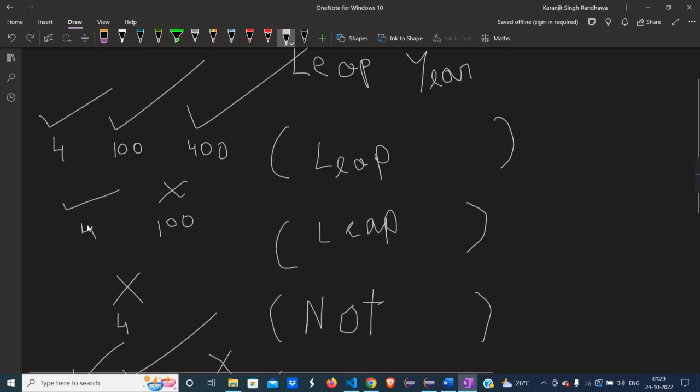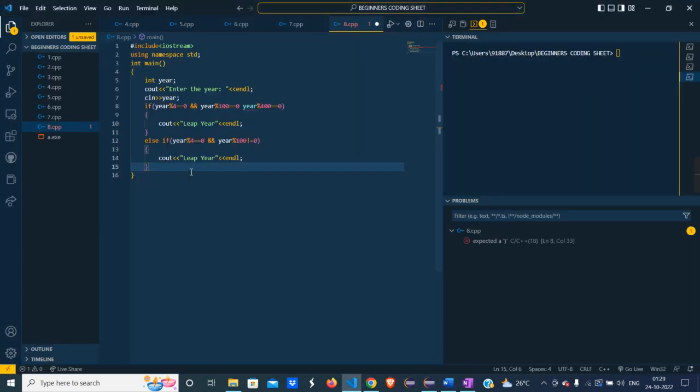As you can see, in the second condition, year divisible by 4 but not divisible by 100, then it is still a leap year.